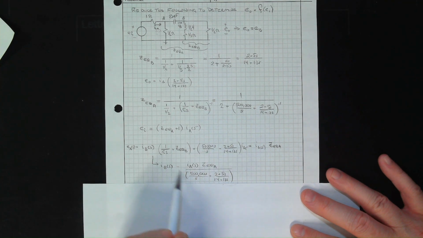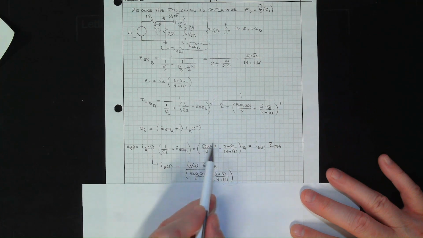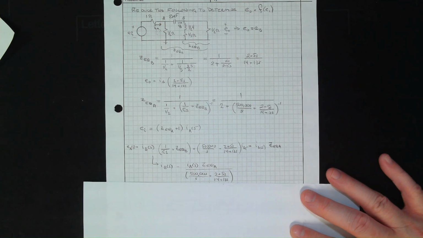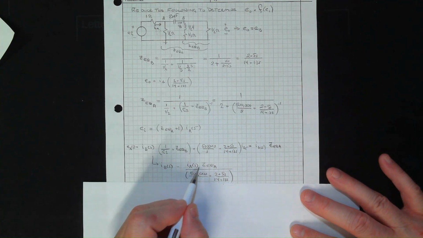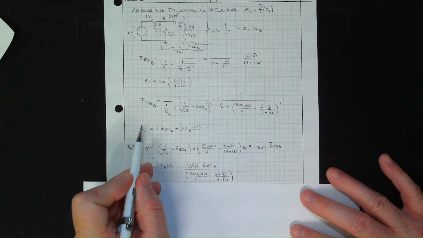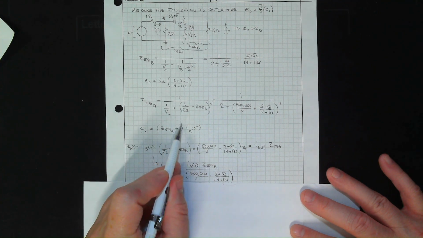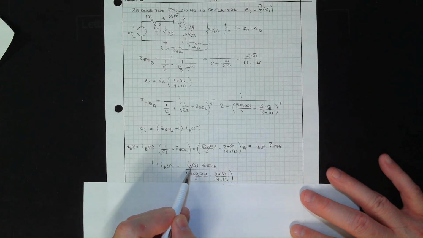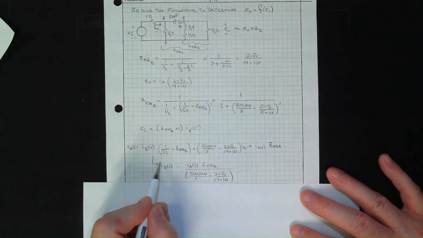Divide this through, and so I have IB is IA ZEQA divided by all of this. Well, now I can substitute in for IA this input voltage divided by all of this. It's kind of like a little puzzle. Stick that in there.